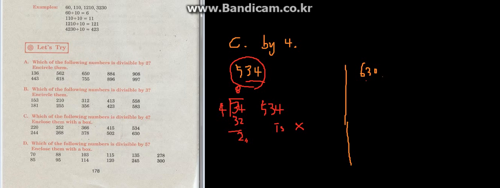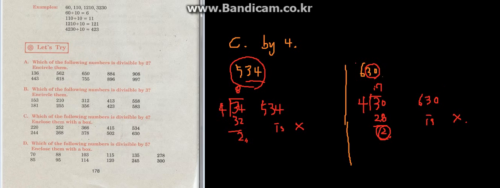Then what about 630? What we are concerned with are the last two digits. Again, 30 is not divisible by 4 because there's a remainder, right? Then 630 is not divisible.